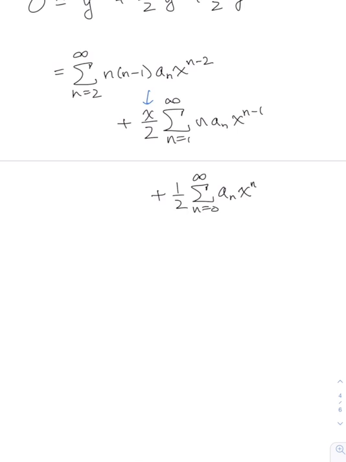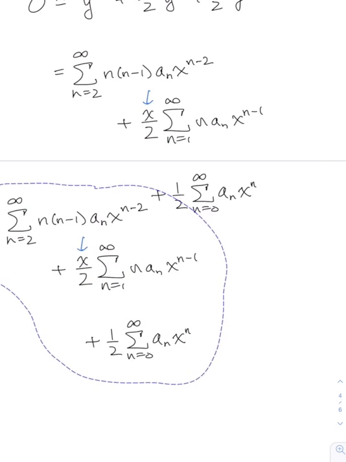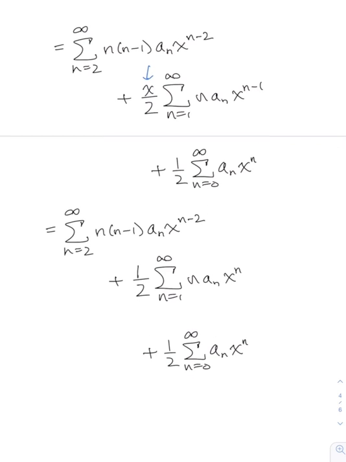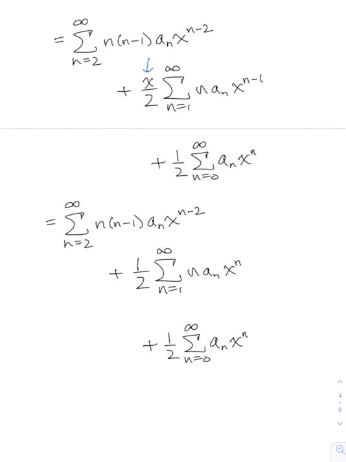Copy, paste. All right. Get rid of that. So I want to bring this x in. If I bring the x in, it just leaves a 1 out here, and this power x to the n minus 1 just becomes a_n x to the n. Okay? So that's my first step.